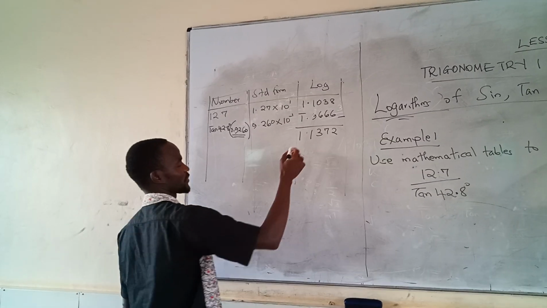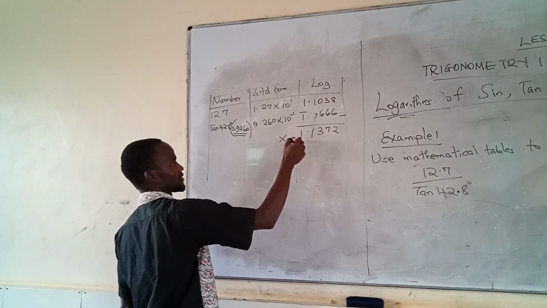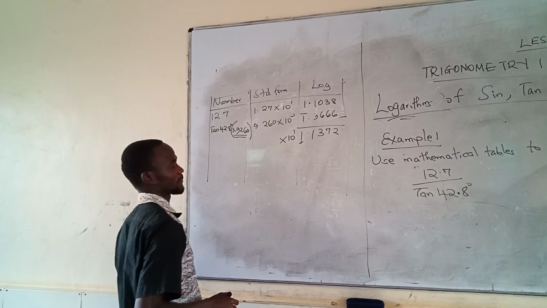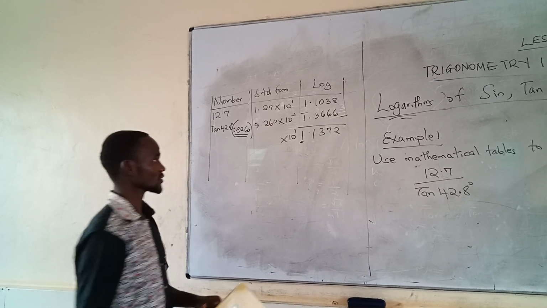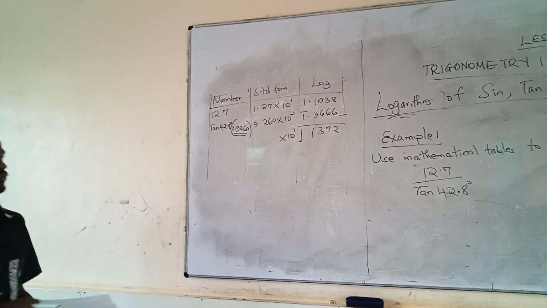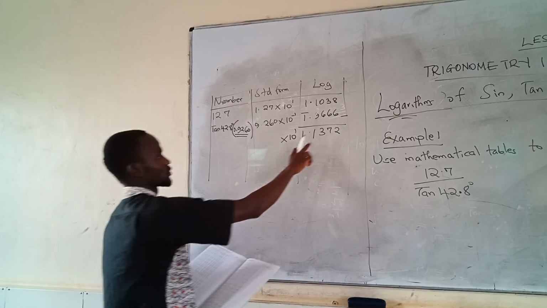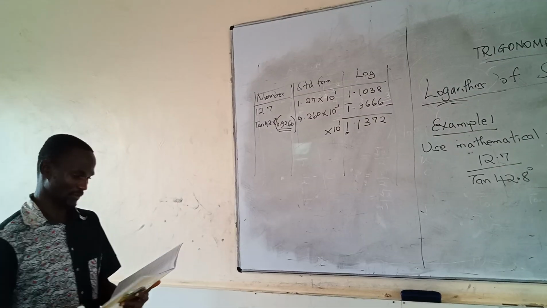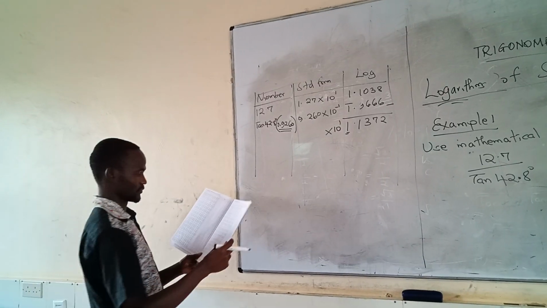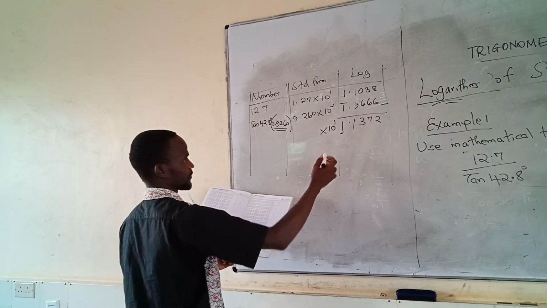We check now the antilog. This gives us 10 to power 1. So we will look for the antilog of 0.1372. We go to the table of antilogarithm, the x column.